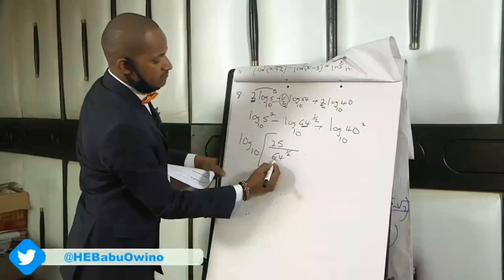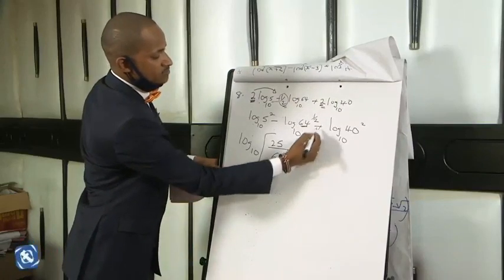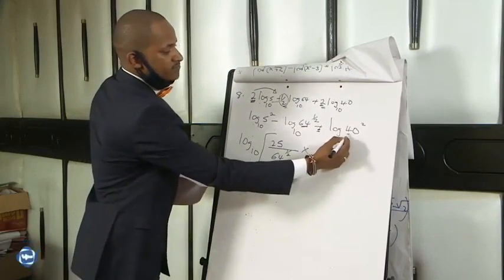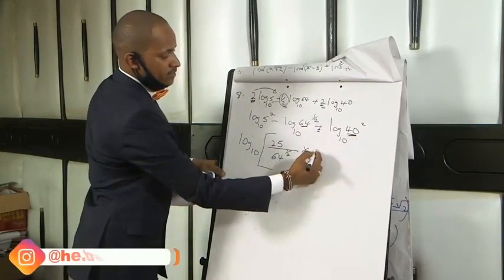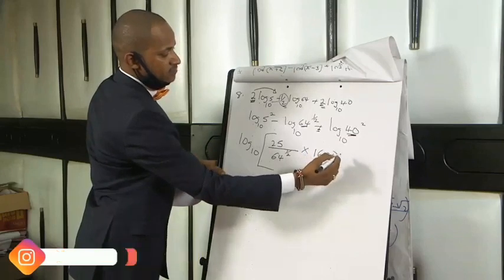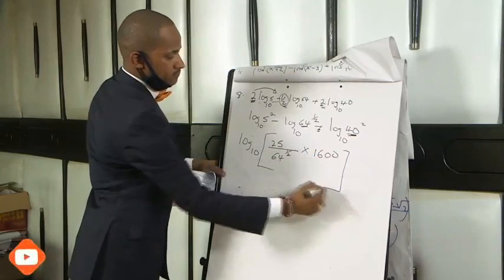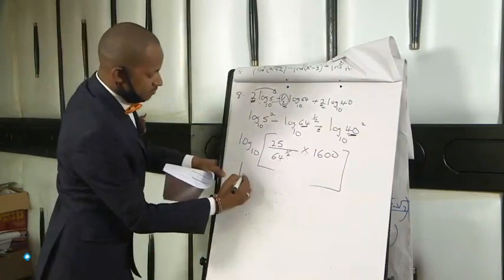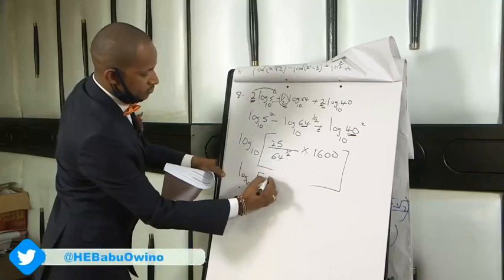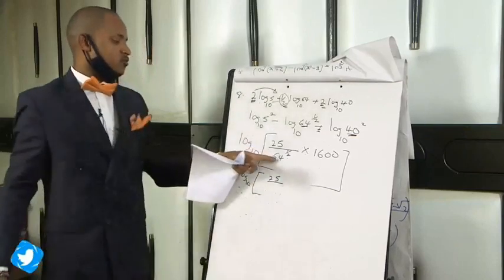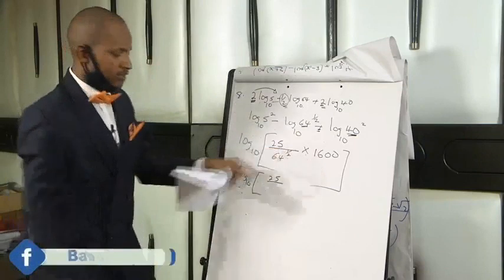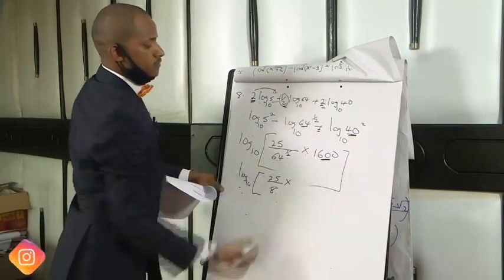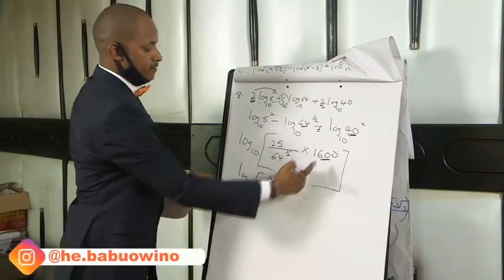So therefore this becomes 64 raised to power a half times, because of plus, this becomes 40 squared. 40 squared is 1600 from the calculator. Therefore, this becomes log to base 10 of 25 divided by the square root of 64, which is 8, times 1600.